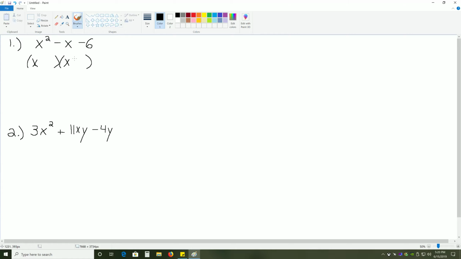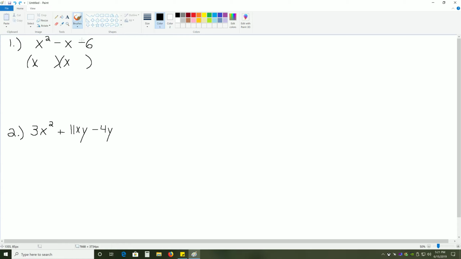From there, you want to check this symbol, this one right here, whether it's positive or negative. If that symbol's positive, then whatever symbol is in the middle will go with each of your x's.